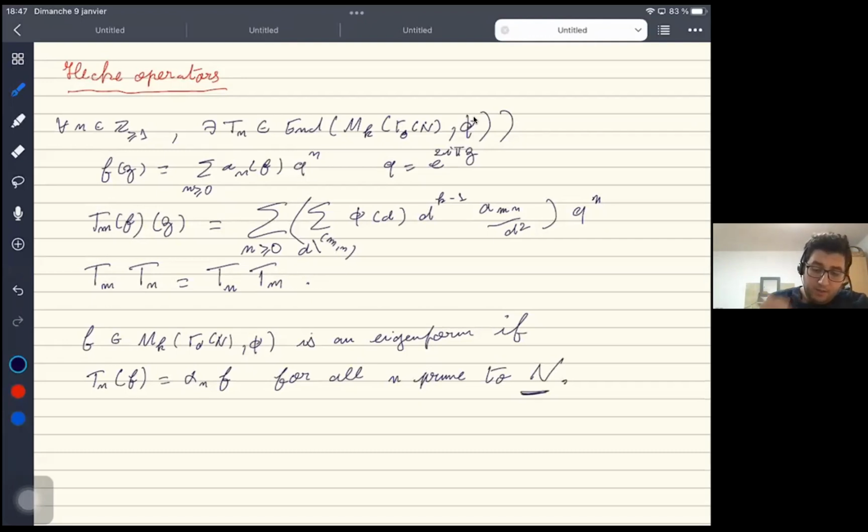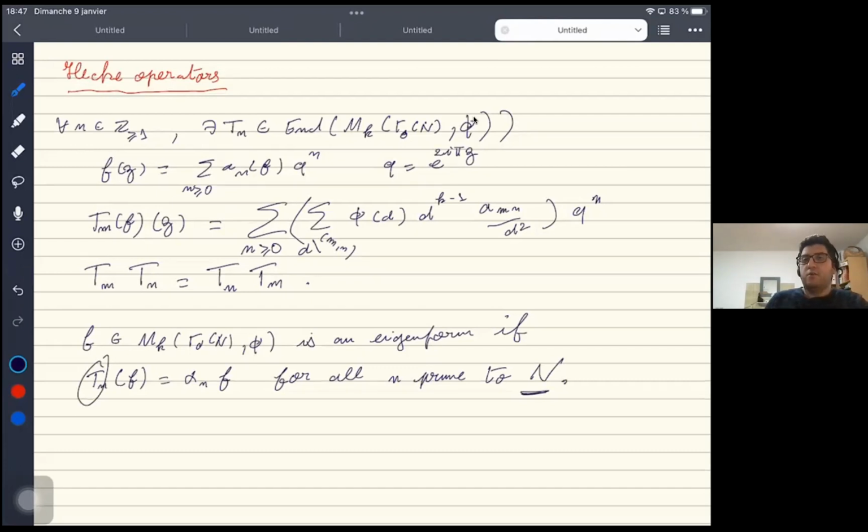And f is an eigenform if and only if it is an eigenvector for all the Hecke operators outside of N.